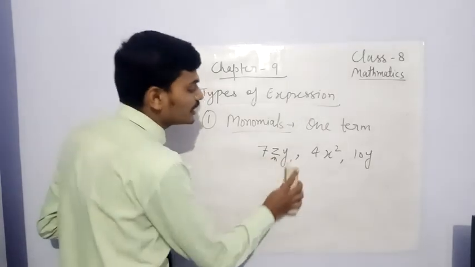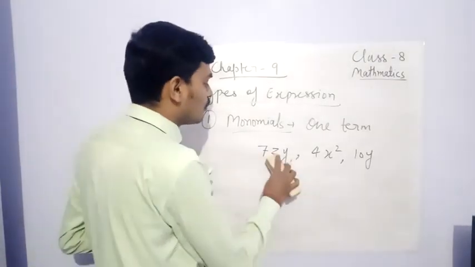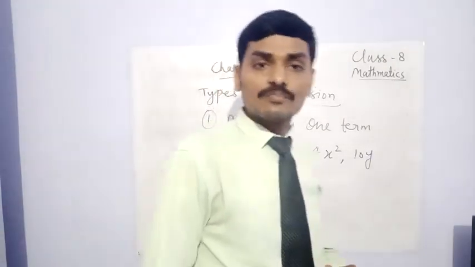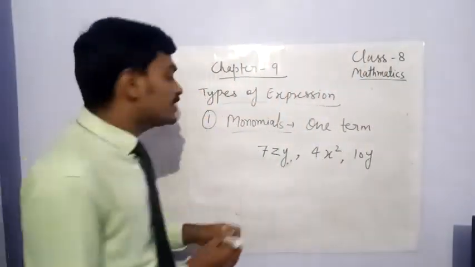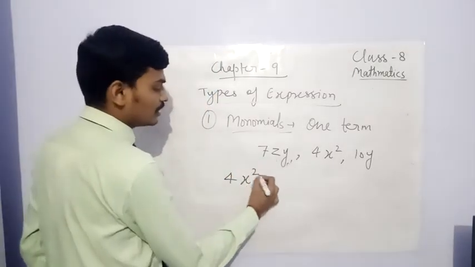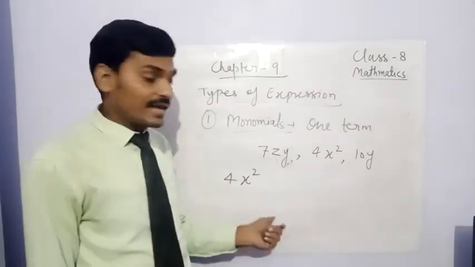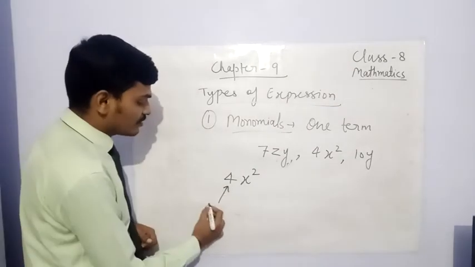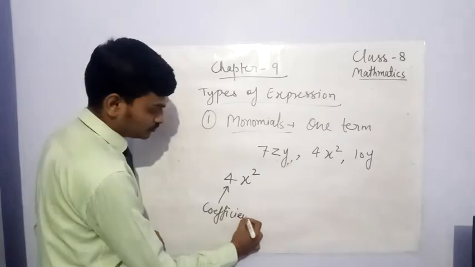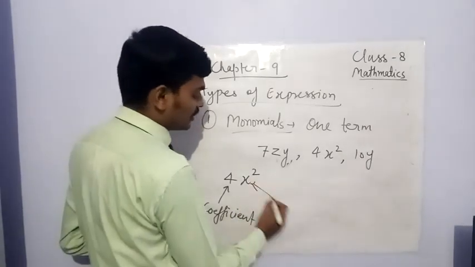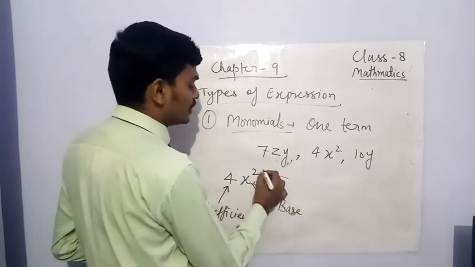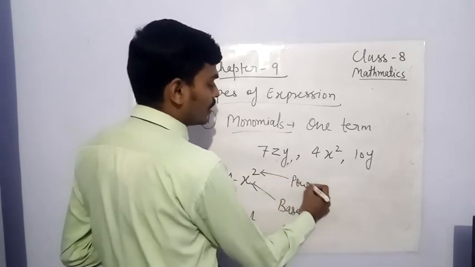Now one more thing you should know. What is coefficient, what is base, and what is power? If we take one term, 4x square, in this case 4 is known as the coefficient, x is known as the base, and 2 is known as the power.